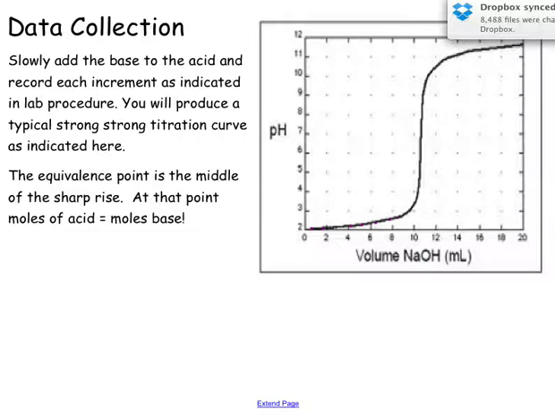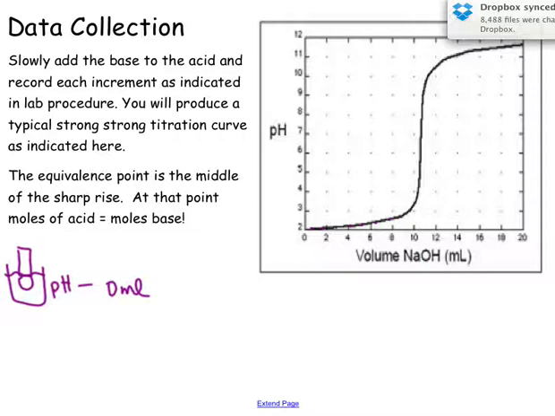The way it works in the LabQuest, you'll have to read your procedural instructions. I don't know the exact order, but you're going to have your pH sensor in your liquid, and it's going to read initially a certain pH. You're going to enter that with 0 mils of base added.